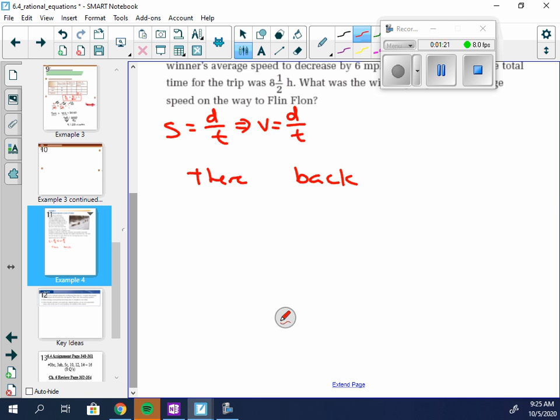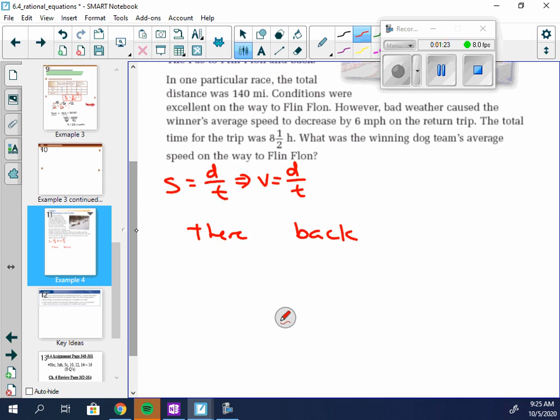Now, most of the time you're going to rearrange this, because what they told you is a relationship of the two times. Yes, they did relate the two speeds, but they related the two times by saying, if I have this time plus this time, it should equal this. So you have the equal sign.